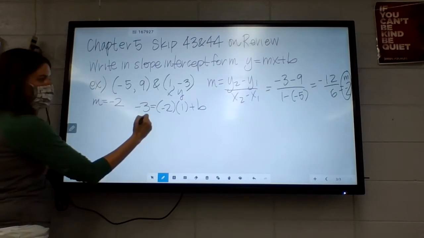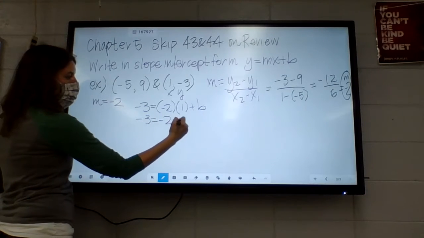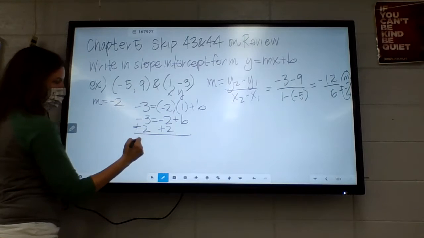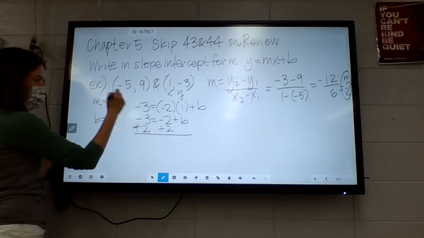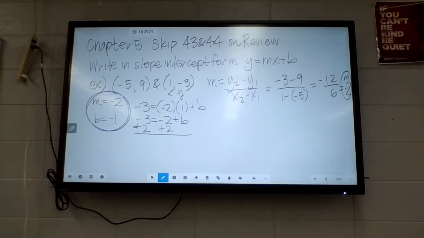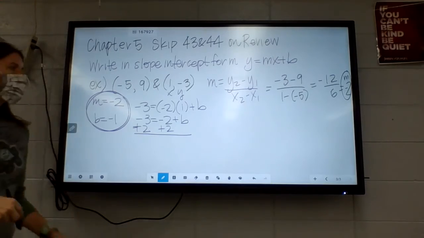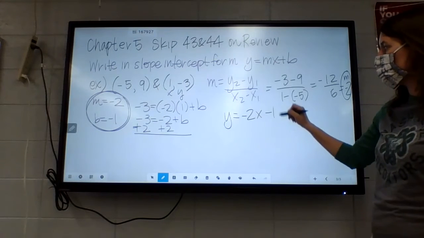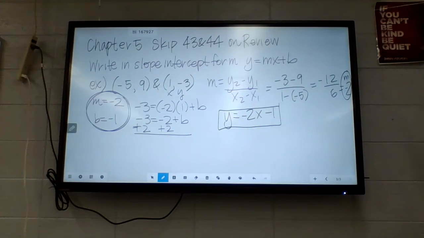And I'm going to find my b. So I find out my b is -1. So then my equation in slope-intercept form is y = -2x plus 1. Or -1, sorry.